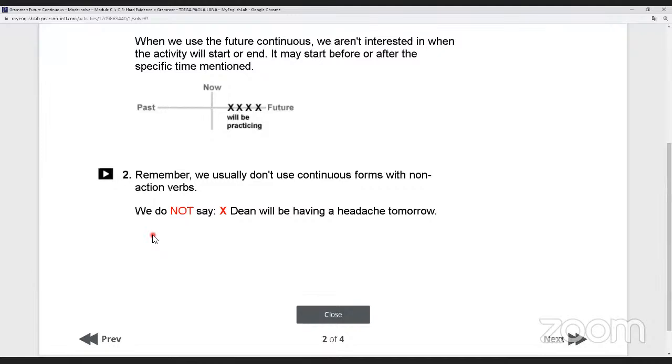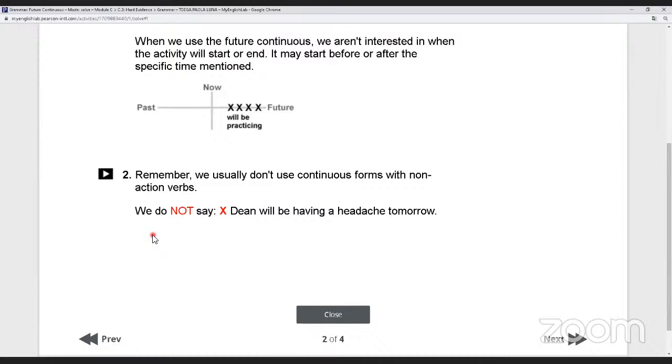Take care. When the action doesn't imply a movement, we are not going to use the continuous form. For example, having a headache. I have a headache right now. Does it imply an action? No, it's only an ache, right? It's only the pain that I feel. It's a feeling.